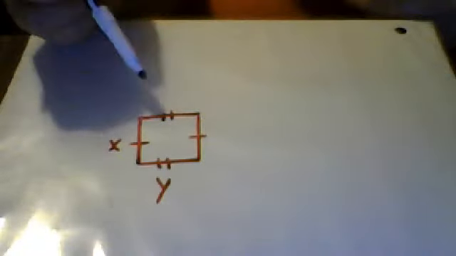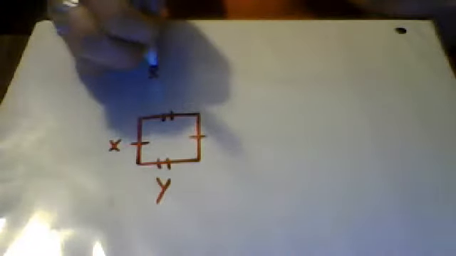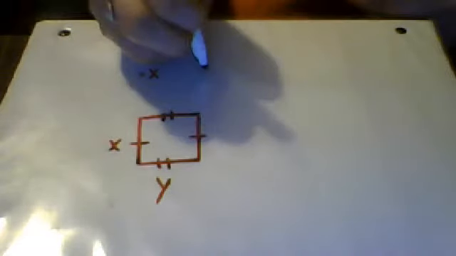So if you have length x and width y, and remember, they don't have to give you a picture in order to ask you this question. But if they say, if you multiply the dimensions of a rectangle by 5, how will the area change? That's actually a really common question. So if you multiply x and you multiply y times 5, what will change about the area?